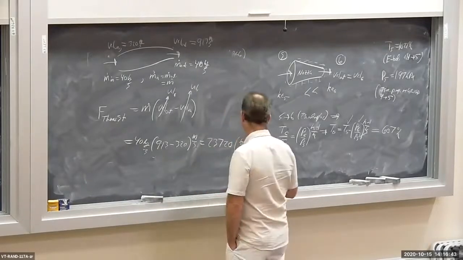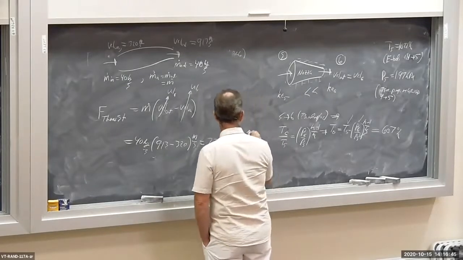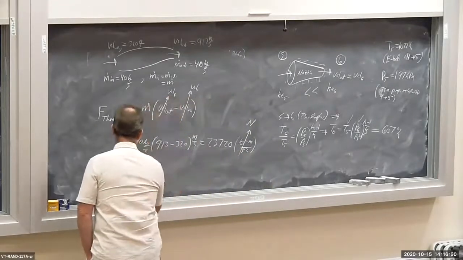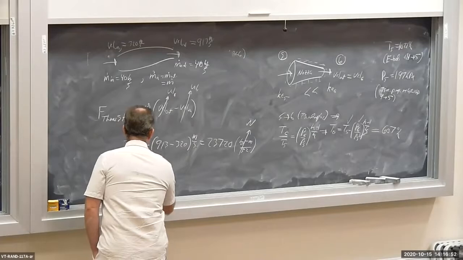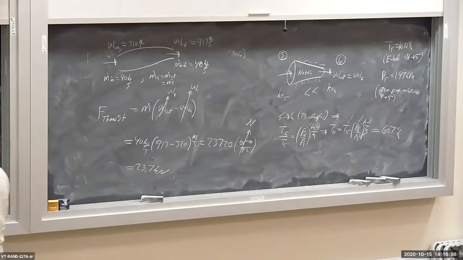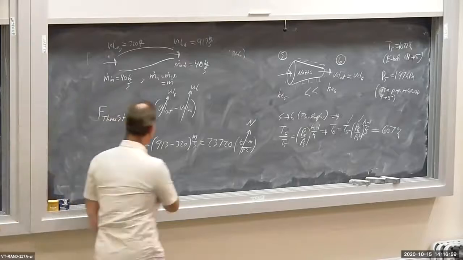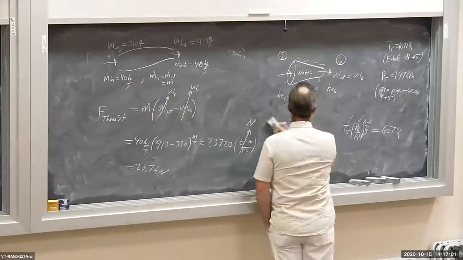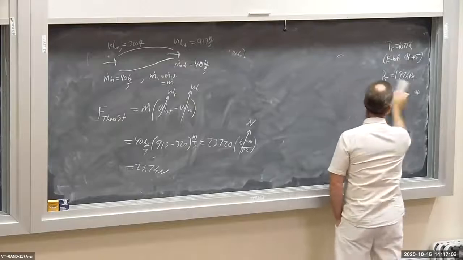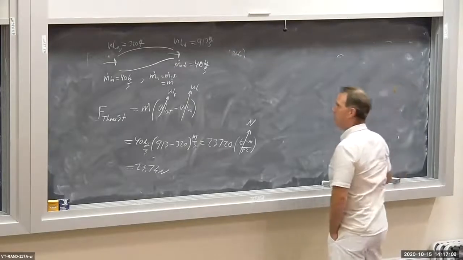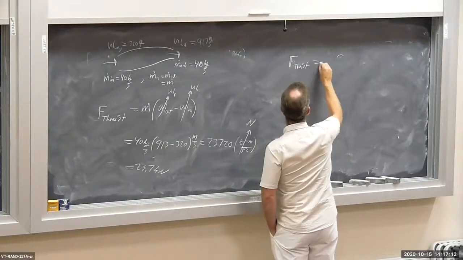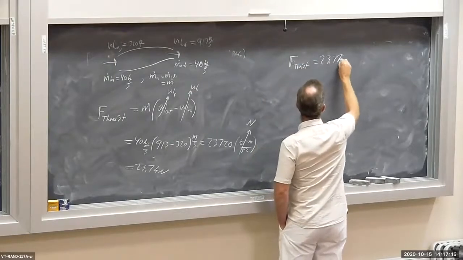Kilogram meter per second squared is a Newton. Convert that into a kilonewton, I get 23.7 kilonewtons. So the thrust this thing produces, F thrust, is almost 24 kilonewtons. F thrust equals 23.7 kilonewtons.